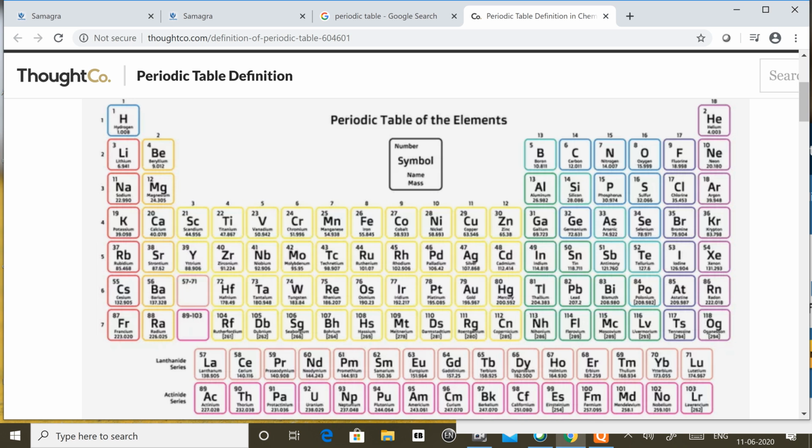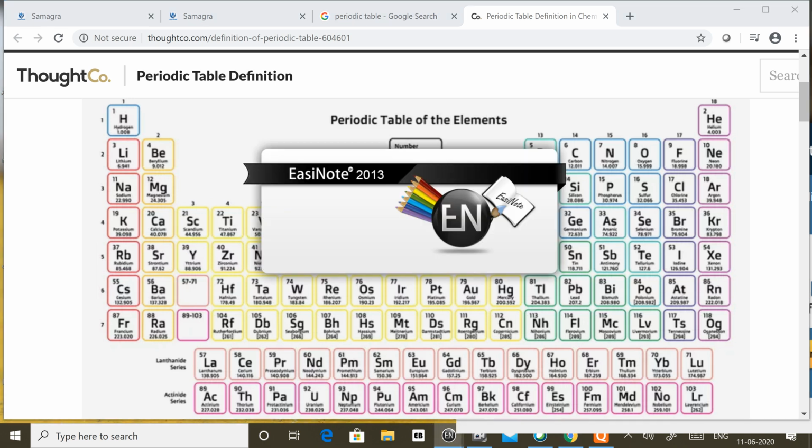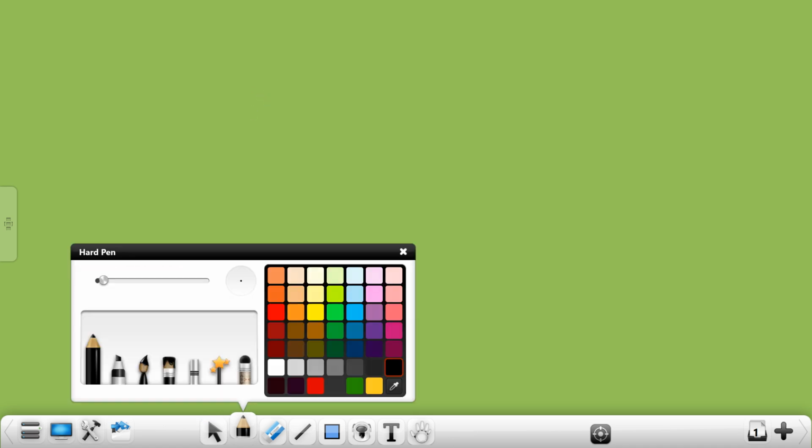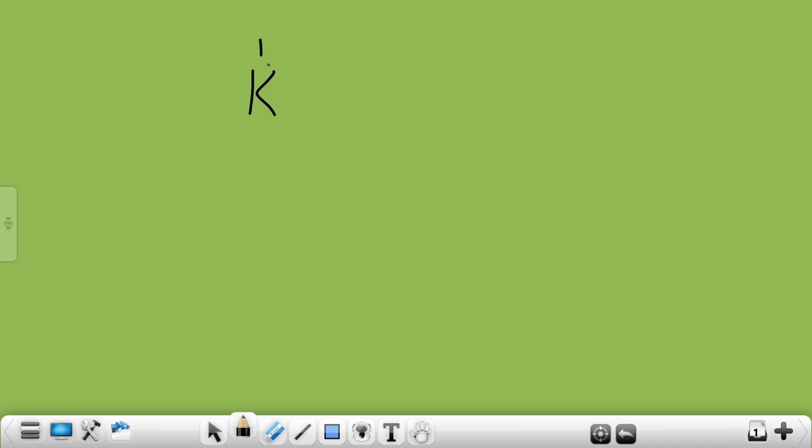So last year we have studied about shells, that means electrons are arranged in shells. These shells are called energy levels. Energy levels K, first shell is K, second shell is L, third shell is M, fourth shell is N. So there are 4.